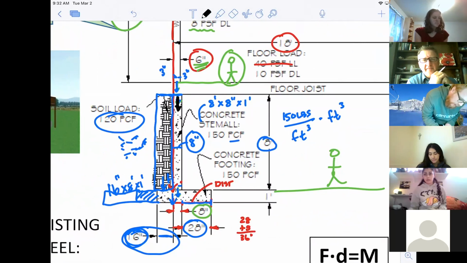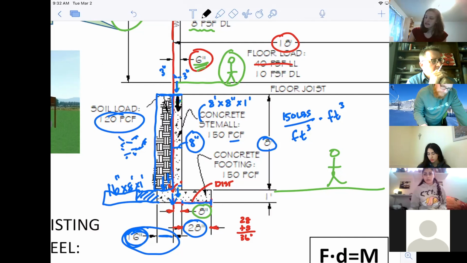Do you see how the length of that toe has such a huge effect on what we're getting for moment? Yes, I do. So for the moment for the soil, I got 4,693.33.